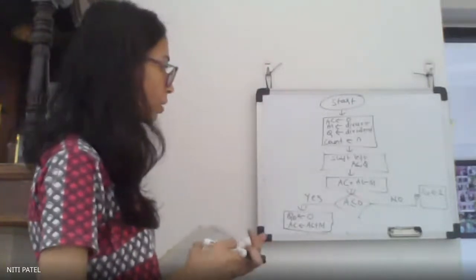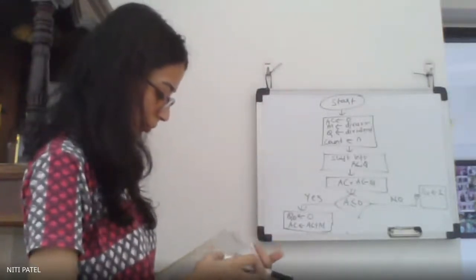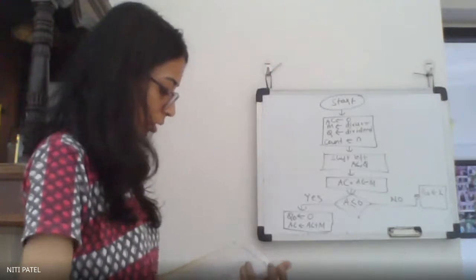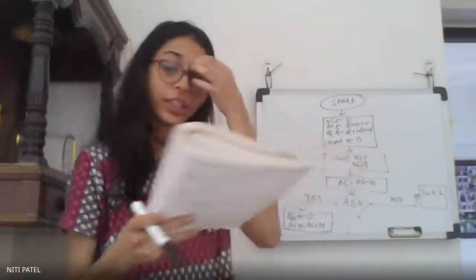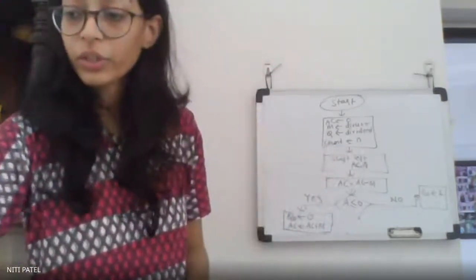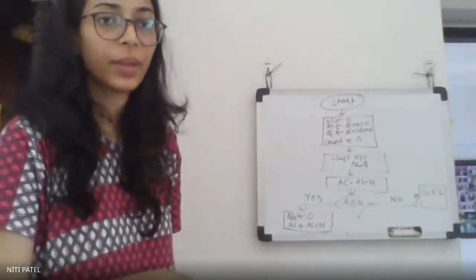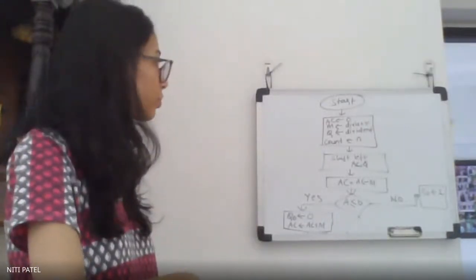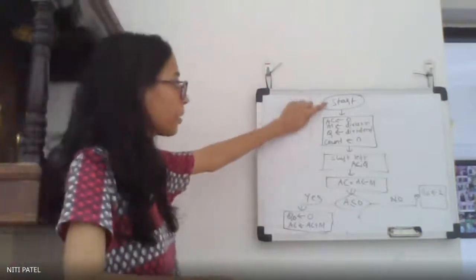Drop till here, then I'll erase the board. This is the flowchart for binary division, called restoring division. For those who cannot see, start.